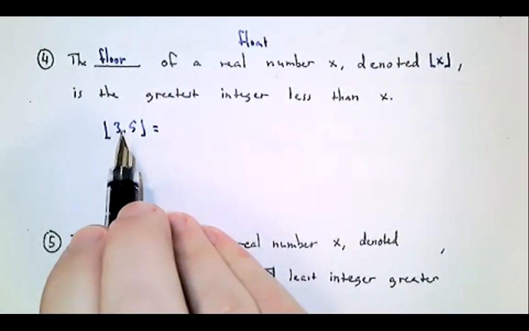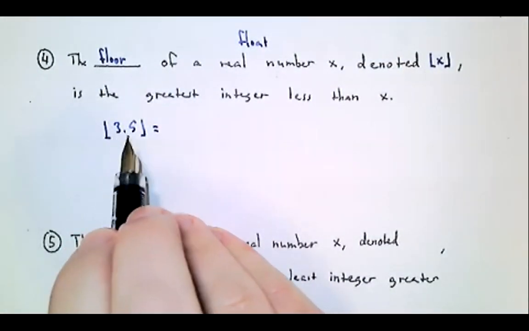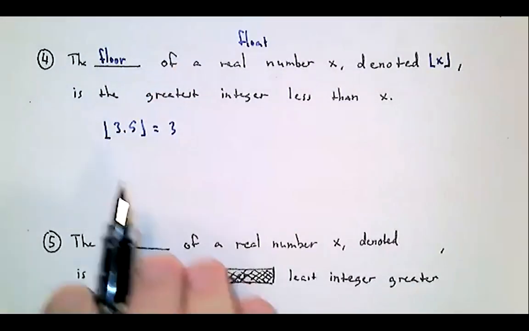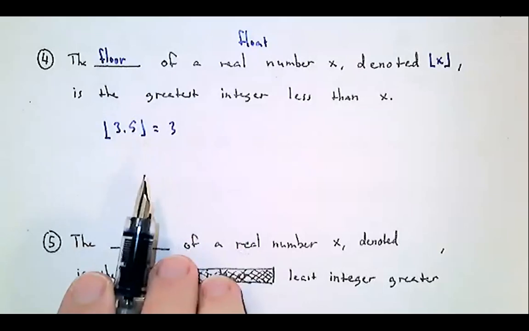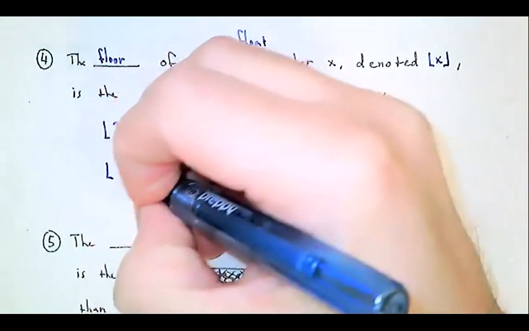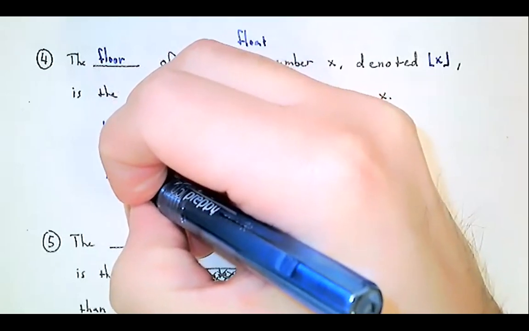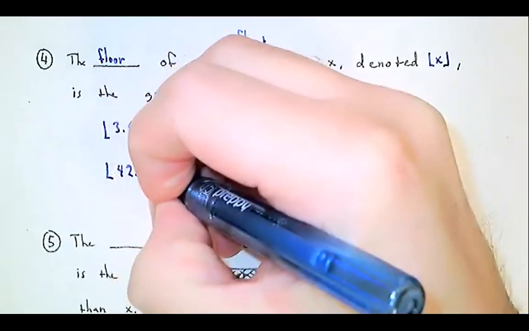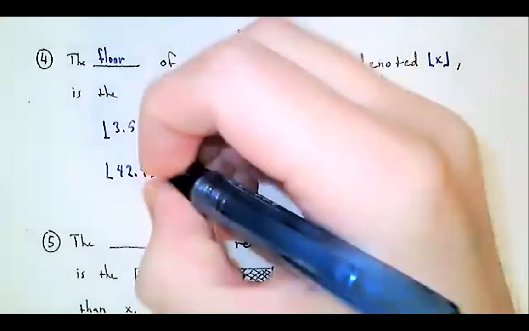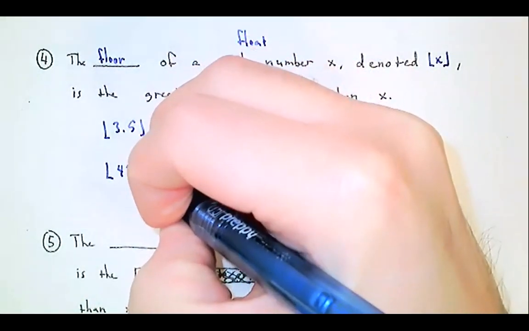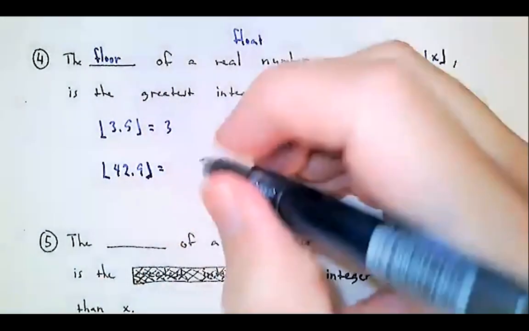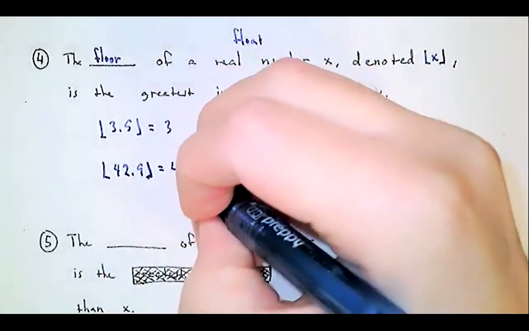So we look for the greatest integer less than 3.5, and that is 3. So it's important to remember that the floor is not the same as rounding, because you always go down. So even if you had a number like 42.9, and you took the floor of your number, it would round down, essentially, to 42.